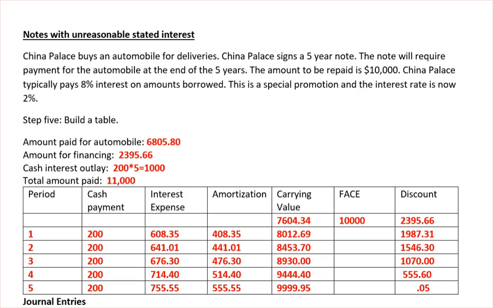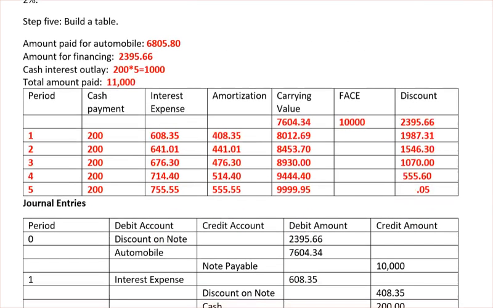And I'll go on down here a little bit and we will look at our journal entries. The initial one, which we discussed previously, is to put that automobile on the books, and this automobile gets a higher value because we are actually paying some of the interest, and so we have less to put into the discount, if you want to look at it that way.